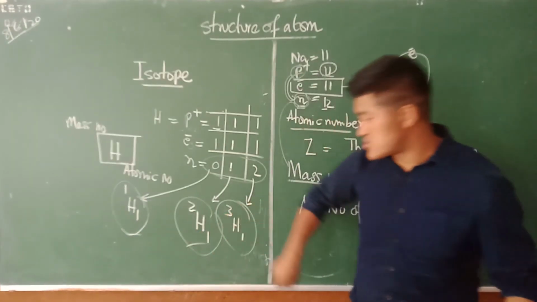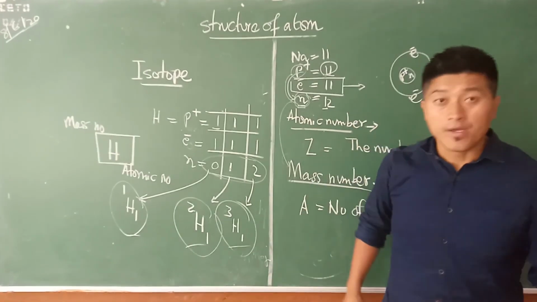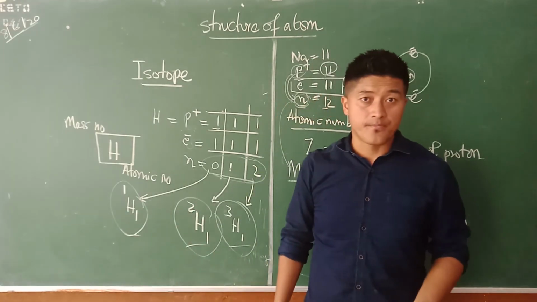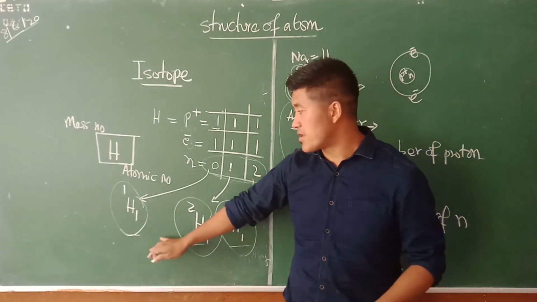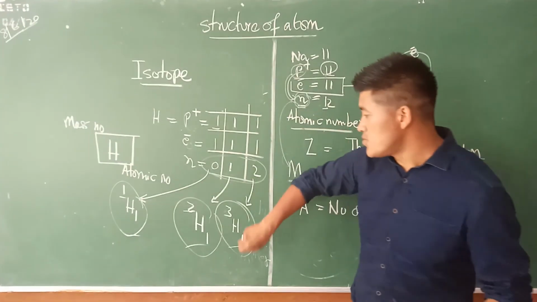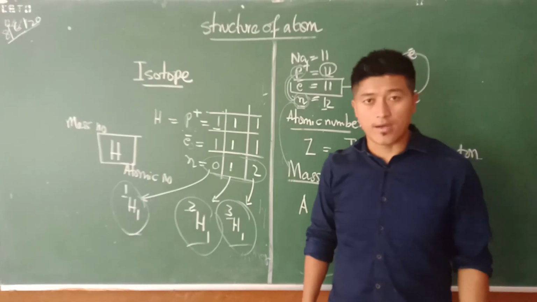This is also referred to as deuterium. This is tritium. So in short, all these 3 are hydrogen, but they differ according to their mass number: in this case 1, in this case 2, in this case 3.